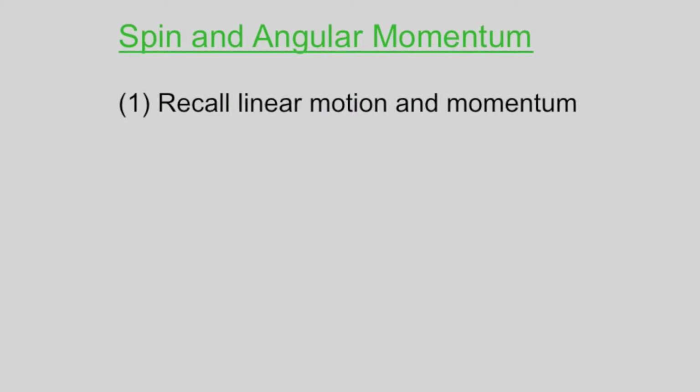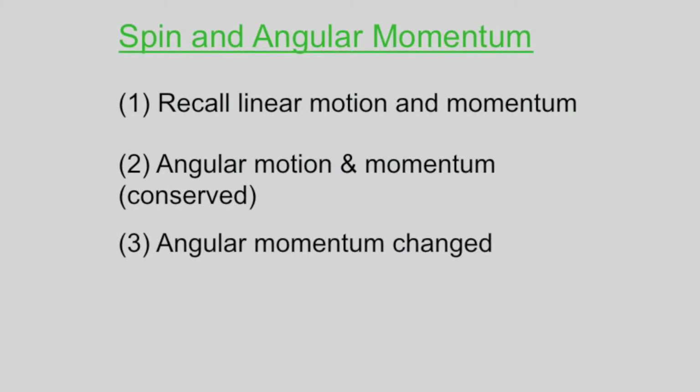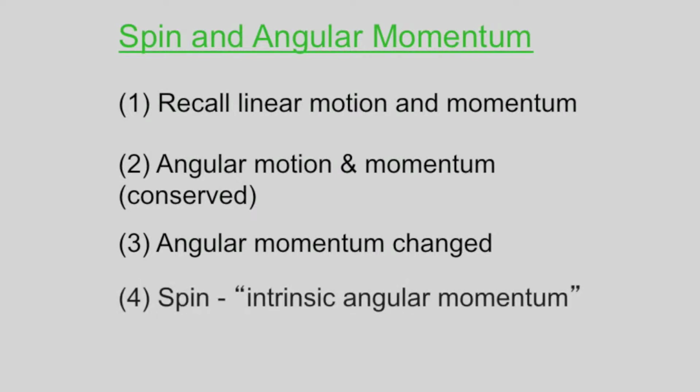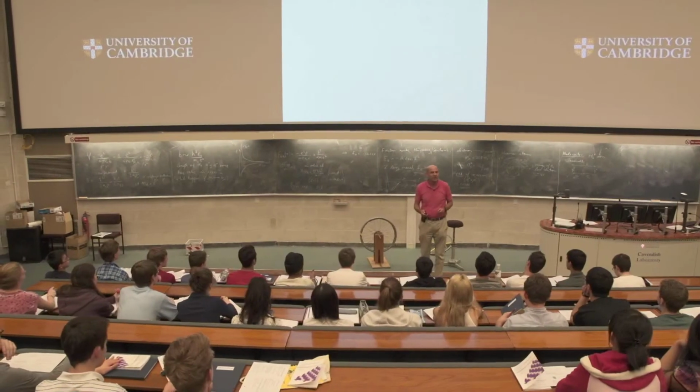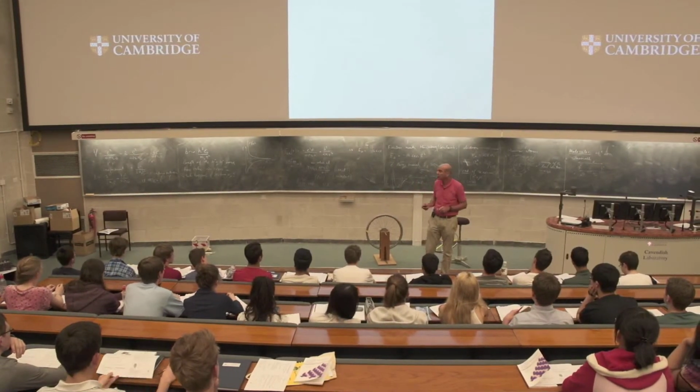And these are to recall what linear motion and momentum is, and the forces involved, to look at angular motion, in particular in the case where it is conserved angular momentum, and then to look in the case where angular momentum changes by the action of an external torque, and then fourthly to conclude talking about quantum spins, which are rather unusual. So let us continue now with the first of these sections about motion.